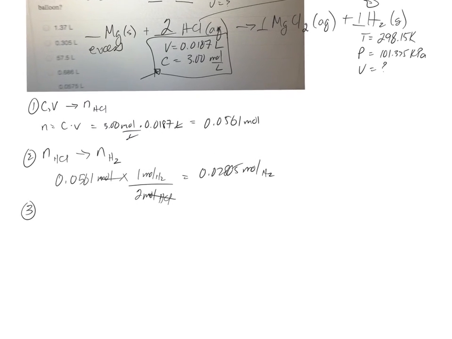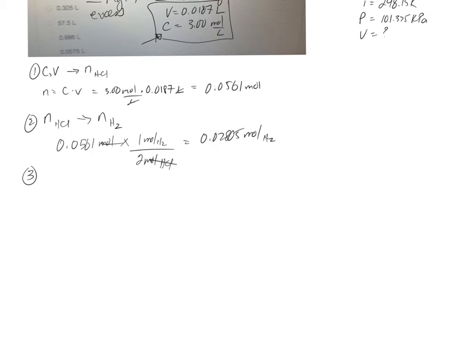So just move that up a bit. So PV equals nRT, so I'm going to take the moles, the pressure, and the temperature of hydrogen and convert it to volume of hydrogen. So our formula is PV equals nRT, and I'm looking for volume, so volume is equal to nRT over P. Moles I just have right up there.